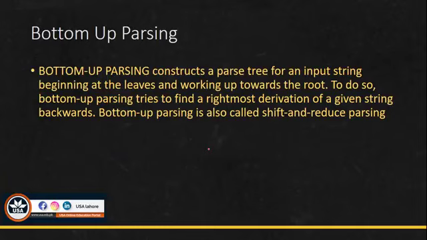So, first of all, what is a bottom-up parser? Bottom-up parsing constructs a parse tree for an input string. We construct a parse tree for some input string of tokens, beginning at the leaves and working up towards the root. The difference between top-down parser and bottom-up parser is that in top-down parser, we start constructing the tree from the root and move towards the leaves.